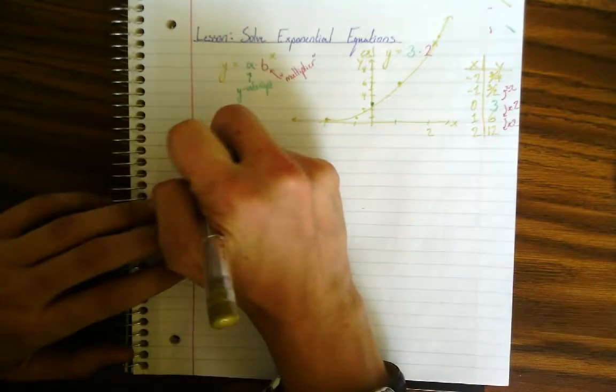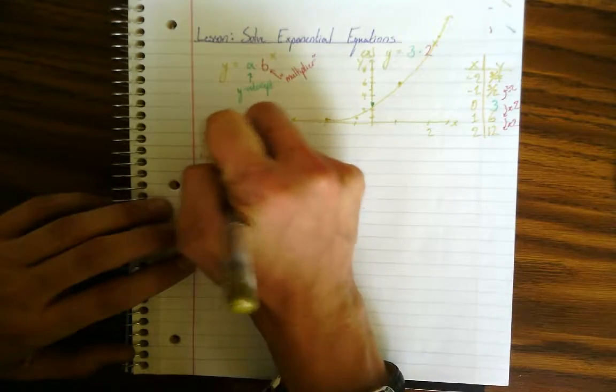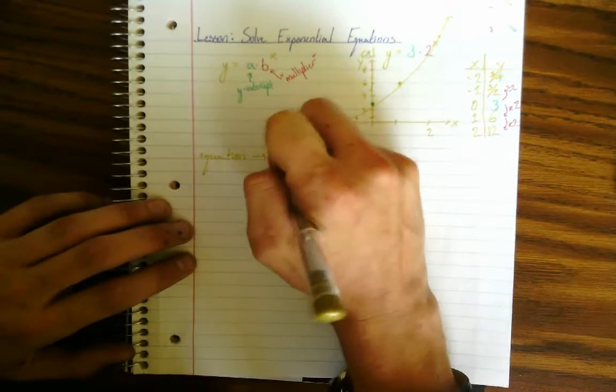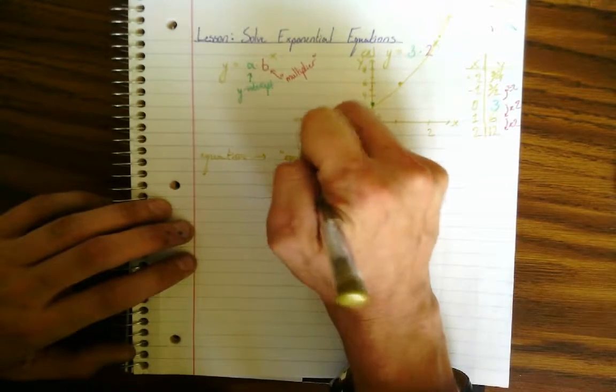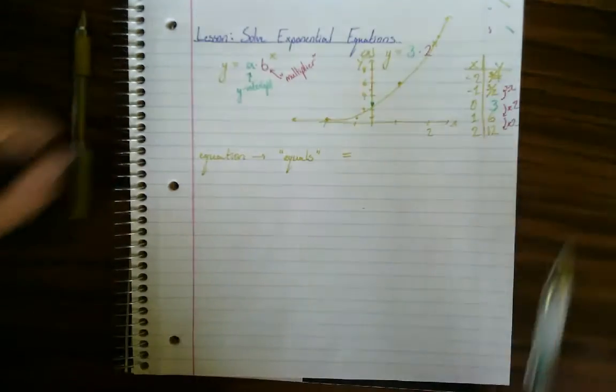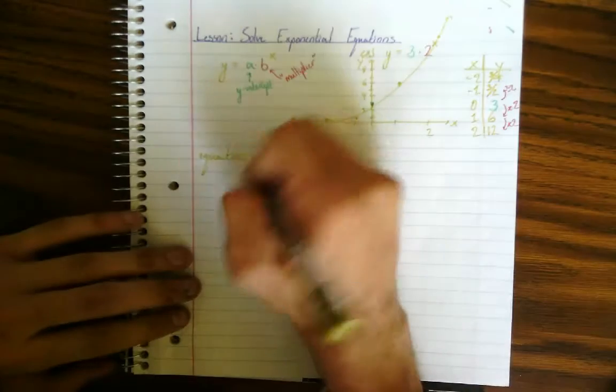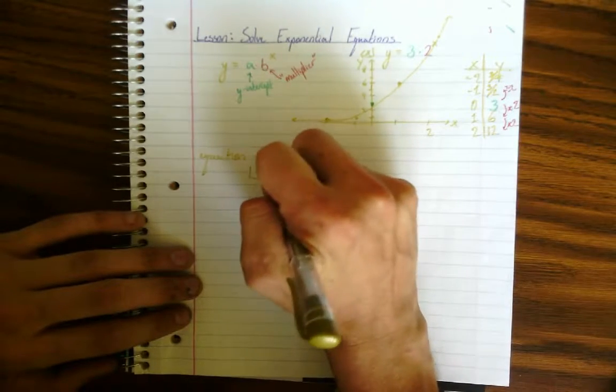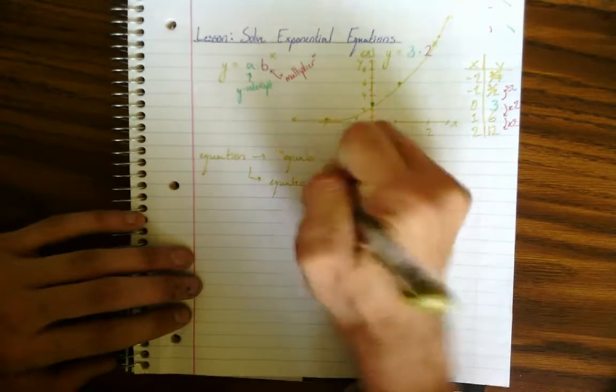So an equation, you should always be thinking equals. You're always going to have an equal sign. So an equation equates two expressions.